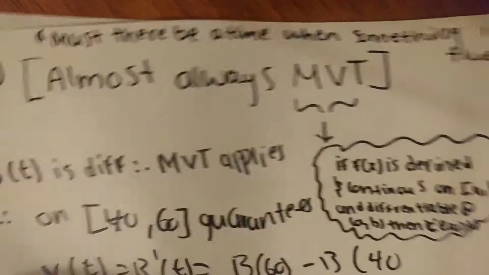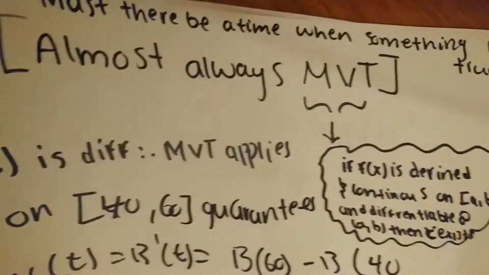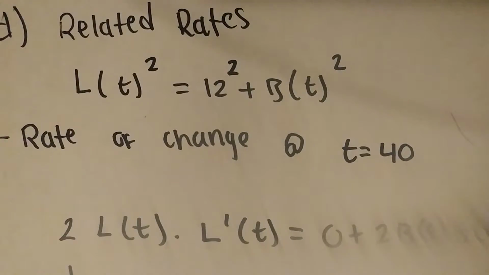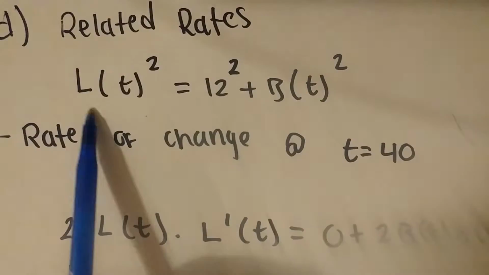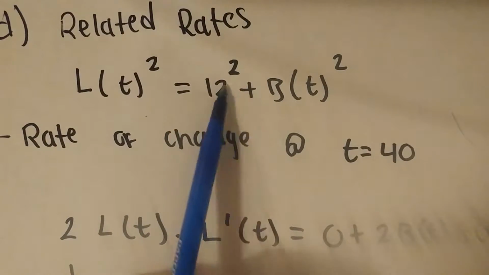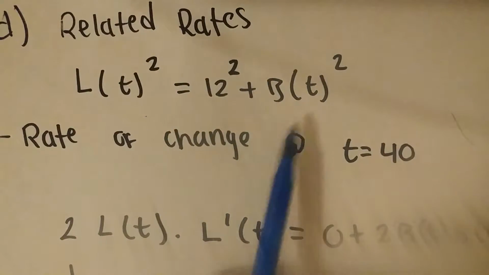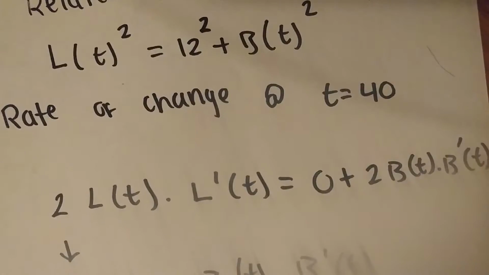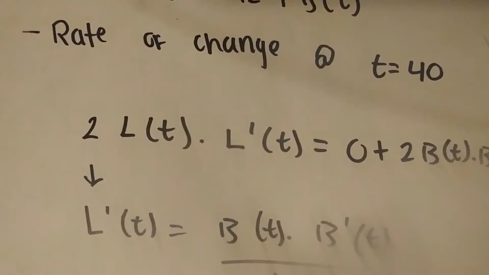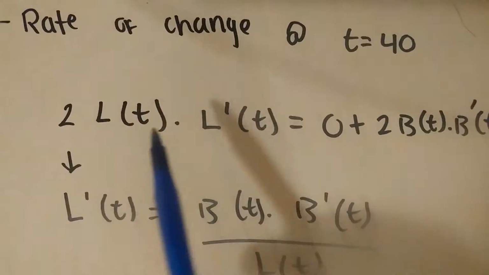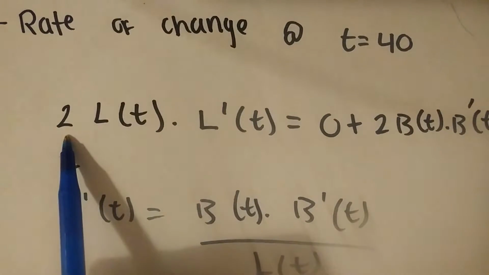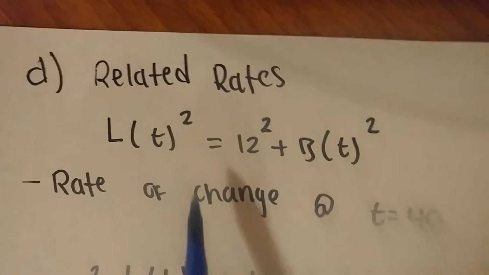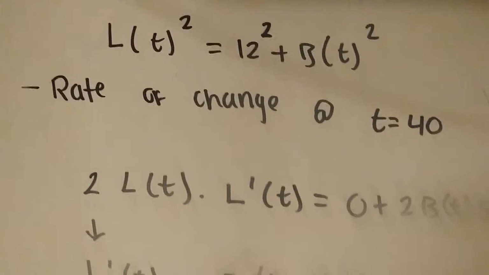And for part D. Part D is just a related rates problem. It gives us L of t squared equals 12 squared plus b of t squared. And it's a rate of change at t equals 40, and that's what is given from the problem itself. So first thing you need to do for related rates is take the derivative of the whole thing.